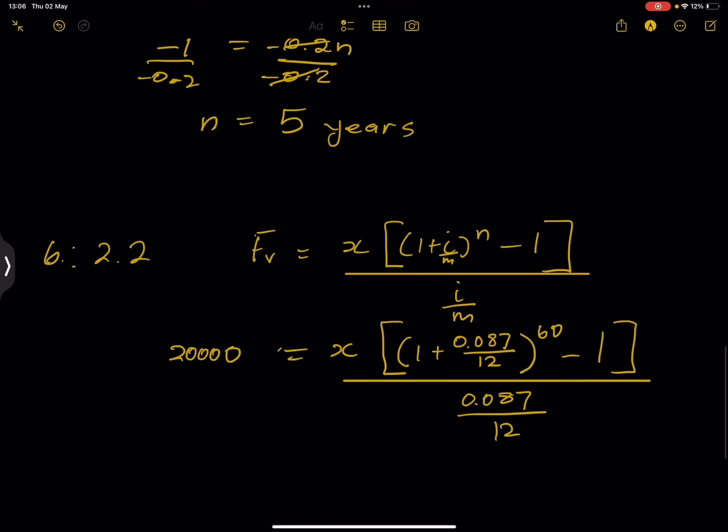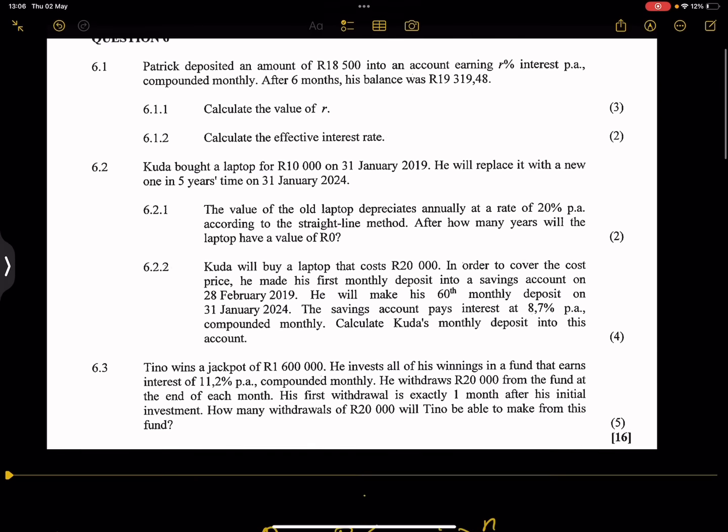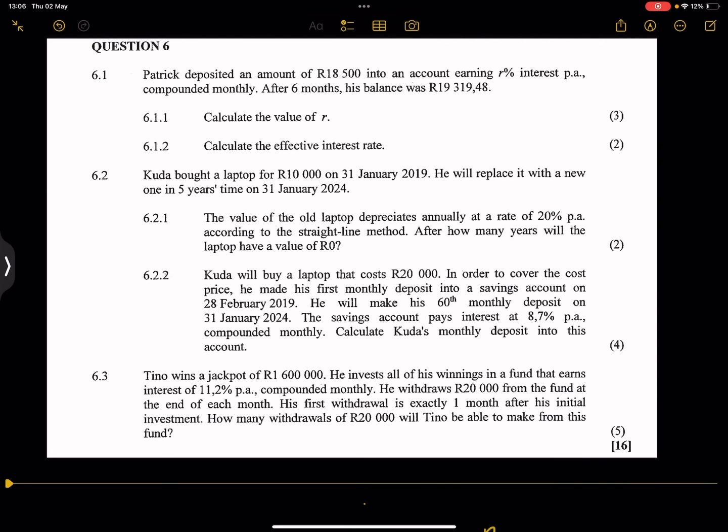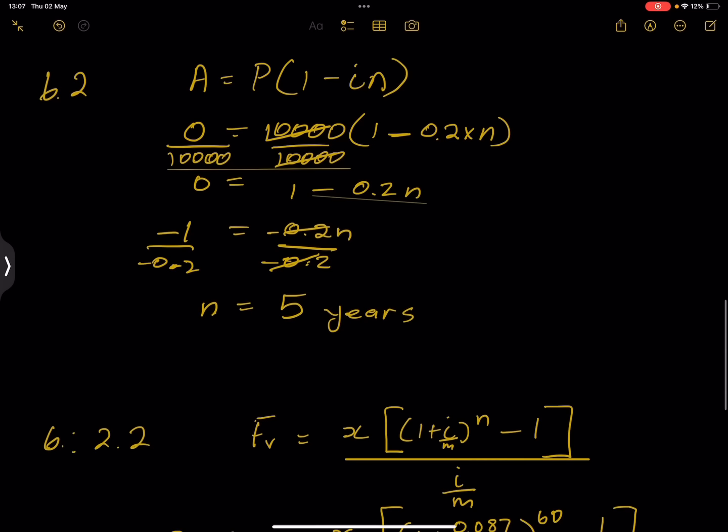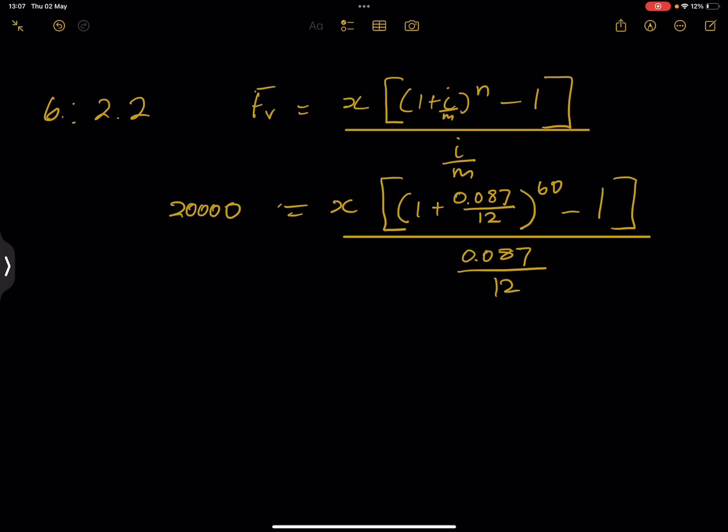Remember that those are the monthly installments that he is making. So now let's calculate the value of x, which is the monthly deposit.